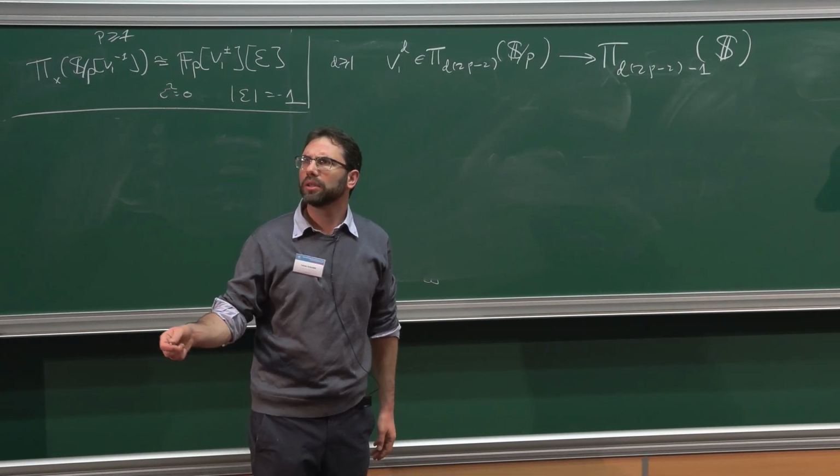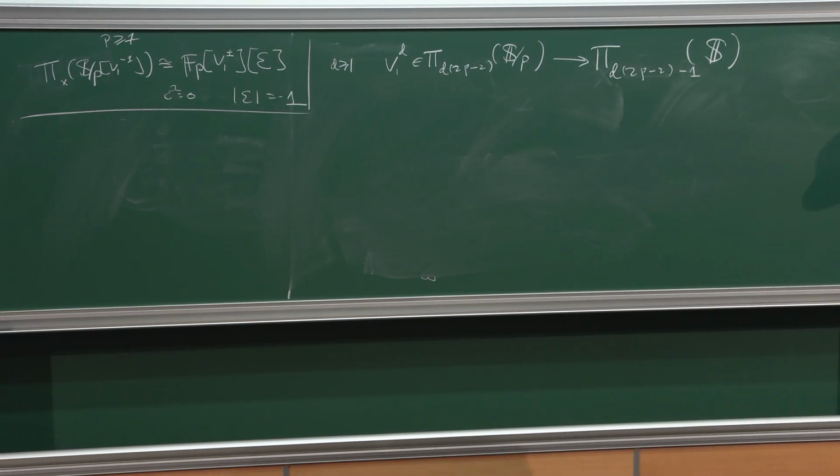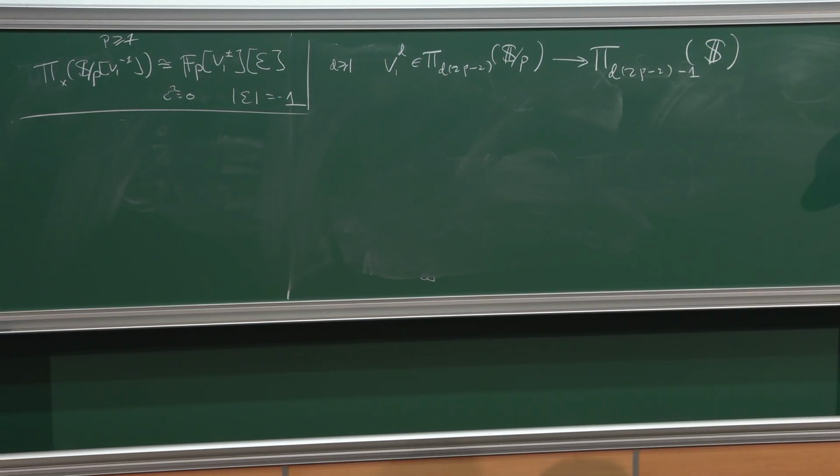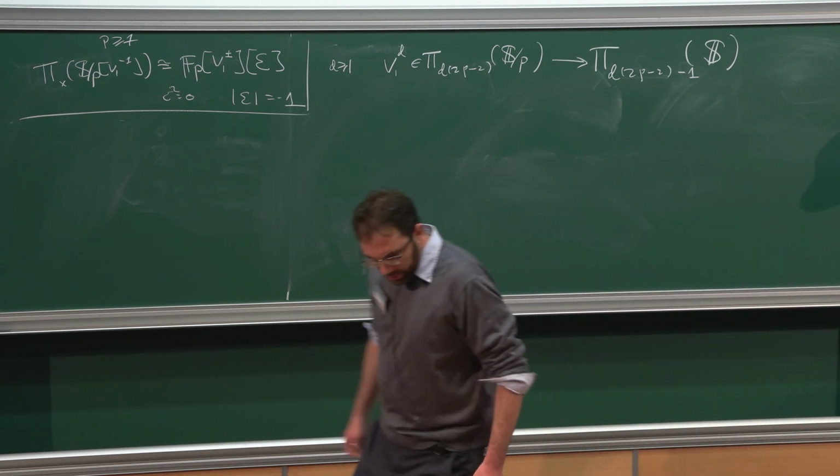You say Adams proved that this element is non-zero in the image? Yes, essentially, yes. It's not exactly the language in which it was stated, but yes. And it is related to his J homomorphism? Yes, this element is also always in the image of the J homomorphism. And it is killed by P, yeah.